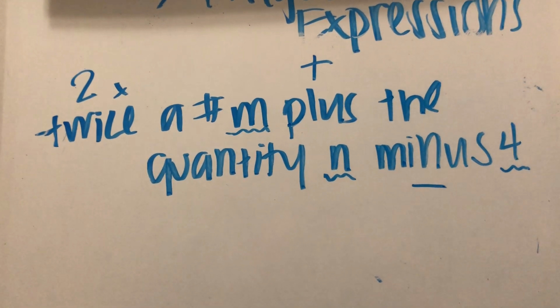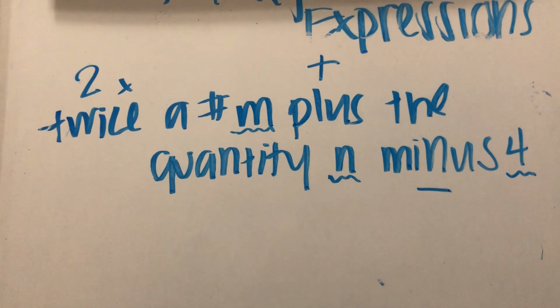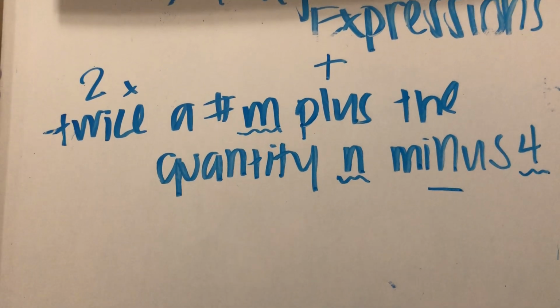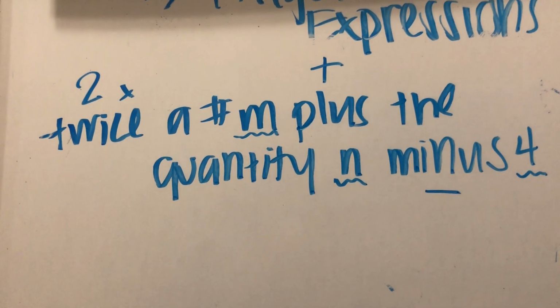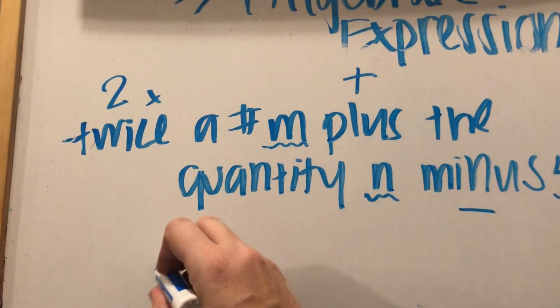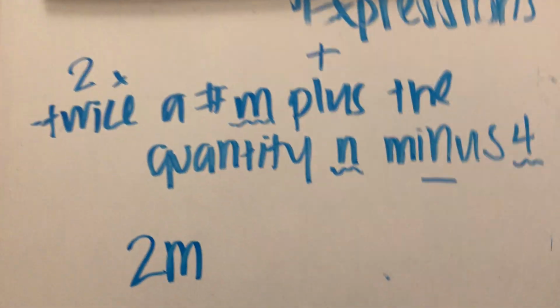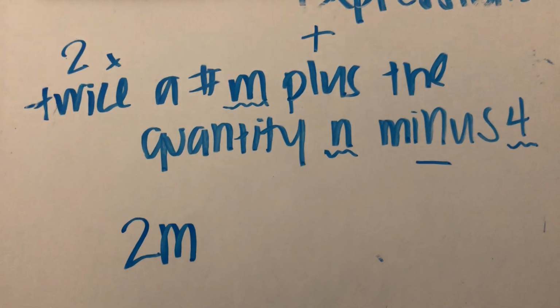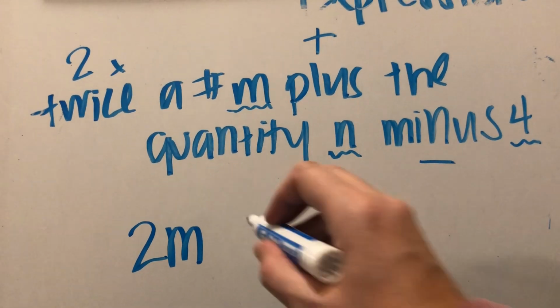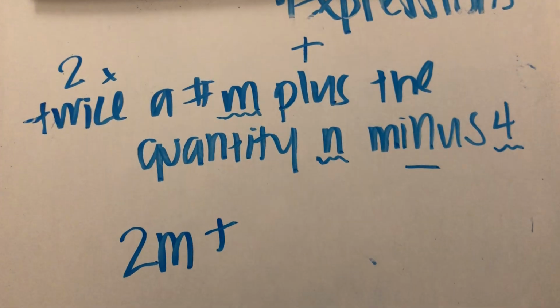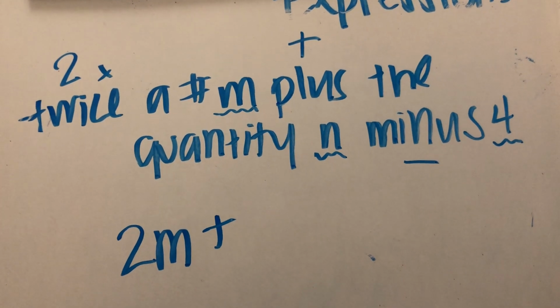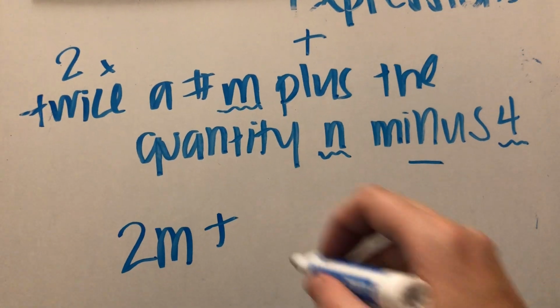So I'm just going to start at the beginning and work my way to the right. It says twice a number m. That twice a number m, we're going to write it as 2m, or 2 times m, plus the quantity, which is going to be n minus 4.